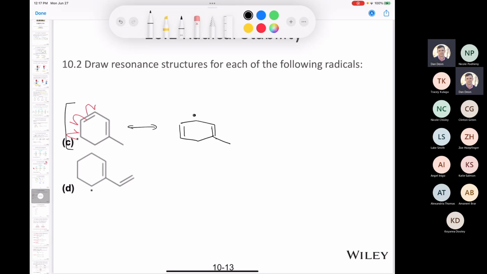Can we draw another contributor for this one? Yes or no? Would it be possible to draw another contributor for this one? Do we have another allylic radical in here? Yeah, thanks, Clinton. Absolutely. He says, yes, I agree.